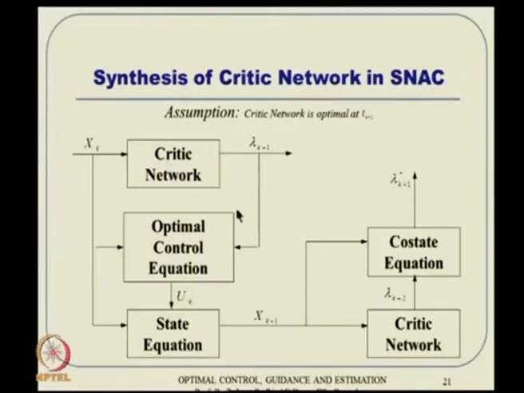Alright, so here you can see the optimal control, state equation and co-state, all three are actually getting used. And by using this structure, we are also using the boundary condition actually, because in the future time, we are assuming the critic network is optimal, and that is guaranteed by first training the network using the boundary condition actually. Okay. So it starts with the boundary condition that lambda of TF, whatever the del phi by del xn for finite time or infinite time problems, that lambda of TF goes to 0, but the state also is close to 0.